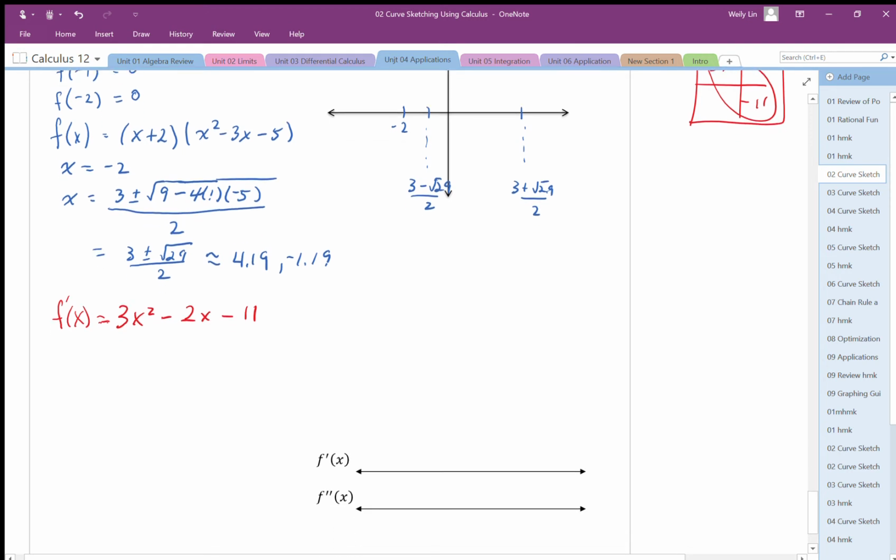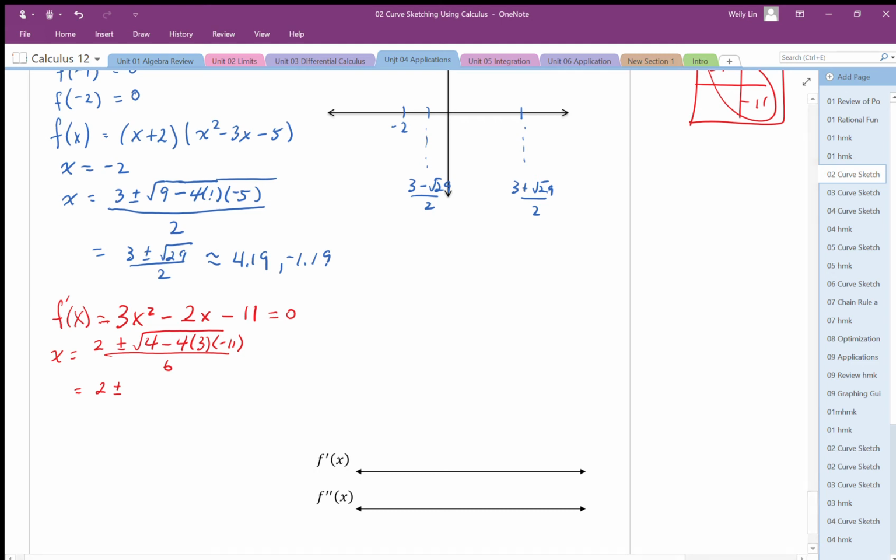So I'm going to find my derivative zeros by quadratic formula again. So 2 plus minus, so I'm finding where that's equal to 0. Square root of 4 minus 4 times 3 times negative 11, all over 6. So I'm getting 12 times negative 11 is 132.